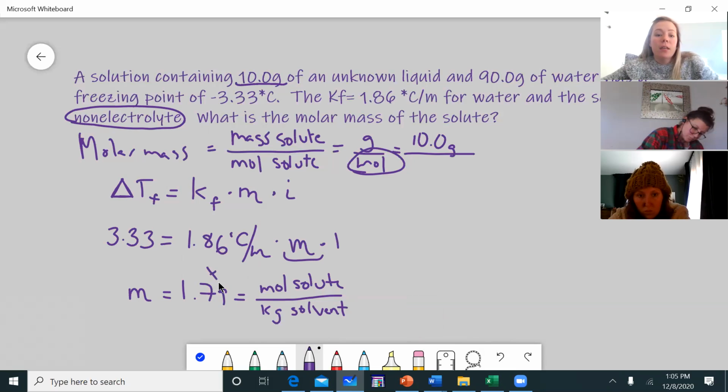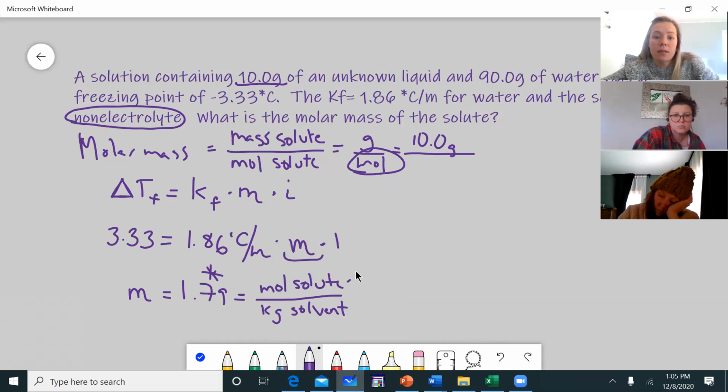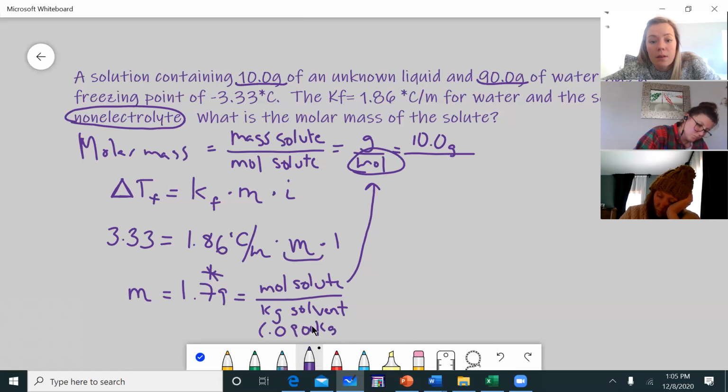So if I have this value and I want to solve for this value to get it back in here, right? Because this is the same thing as this, we need to figure out our kilograms of solvent. Do I have that? Well, I have grams, so pretty close. So I can plug in for this bottom value, 0.090 kilograms of my solvent.